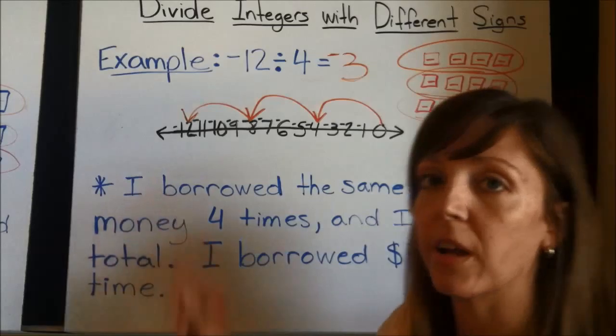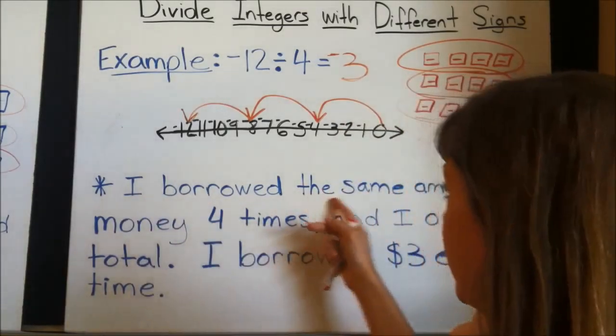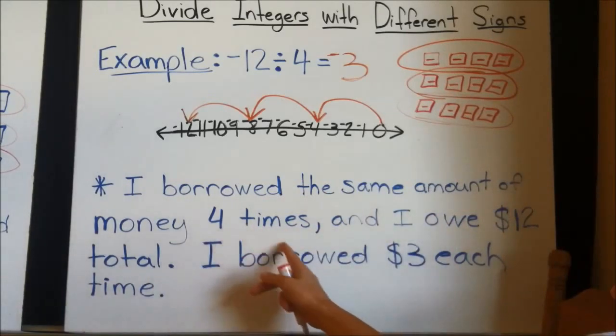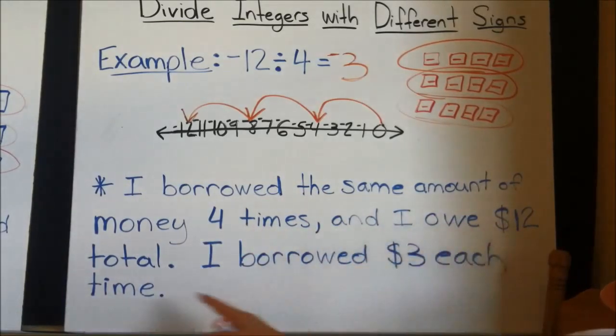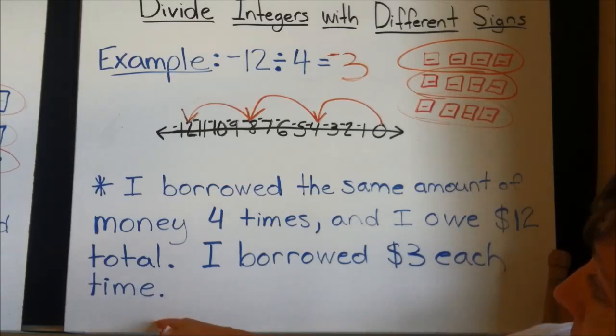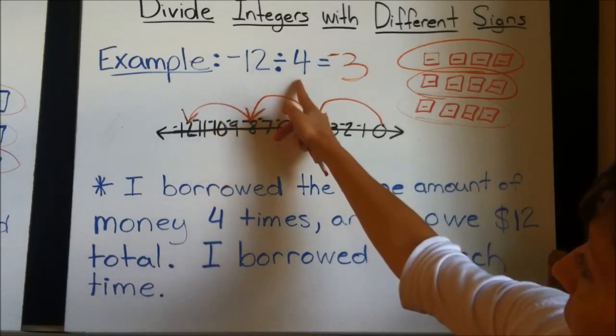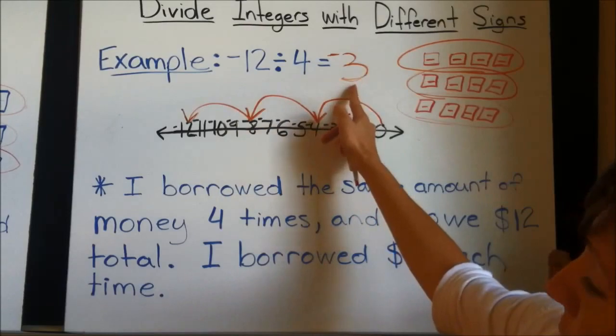All right, here's a story that can go with this. I borrowed the same amount of money 4 times, and I owe $12 total. I borrowed $3 each time. I owe $12 total. I borrowed the same amount of money 4 times, so I must have borrowed $3 each time.